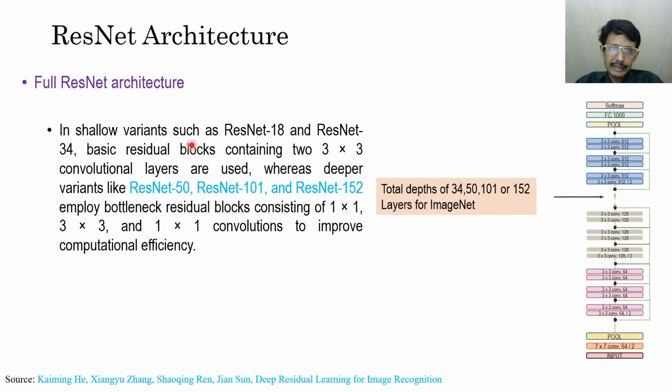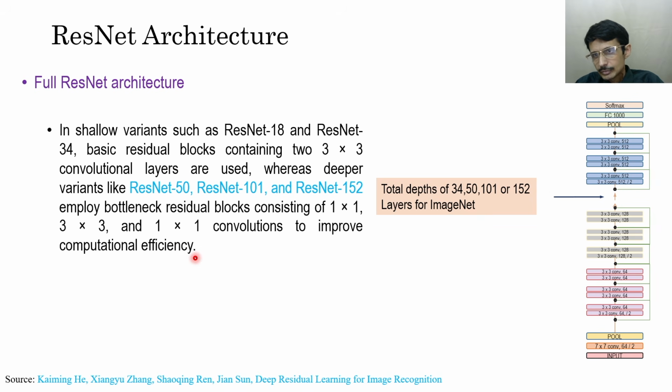Now this is also another thing, for very deep networks they use the bottleneck residual blocks. We should understand what is the essential role of the 1x1 block, how it is used to improve the architectural efficiency, and this convolution to improve the computational efficiency.